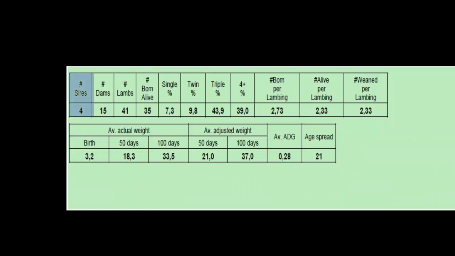Find the number of rams, the number of ewes, the number of lambs born, the number of lambs born alive, the percentage of single, twins, triplets, and quad and more, the average born per lambing, born alive per lambing, and average wean per lambing, the average birth weight, 50 day and 100 days real and adjusted, the average ADG 50-100 days, and the range of age within the group.